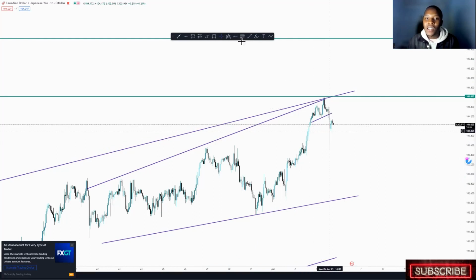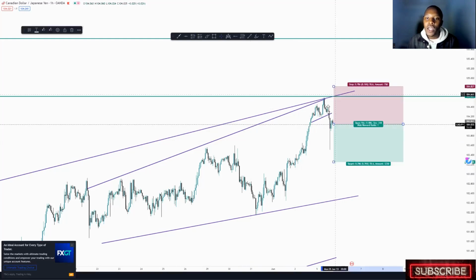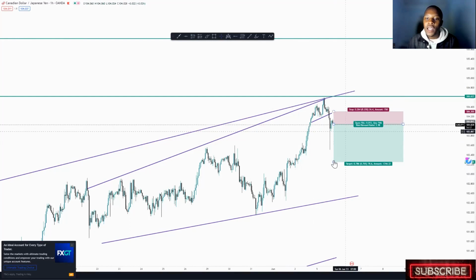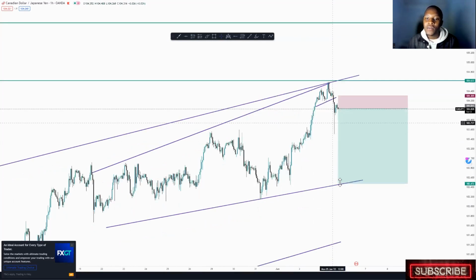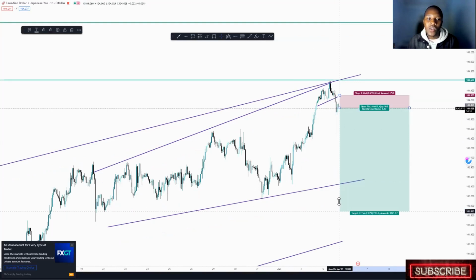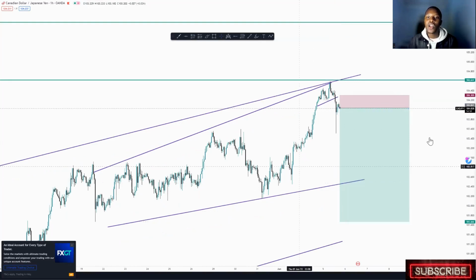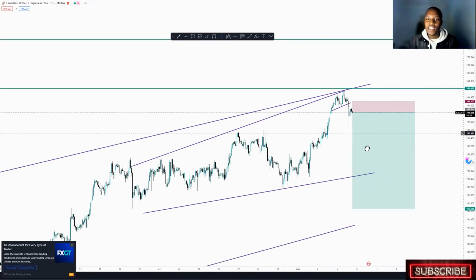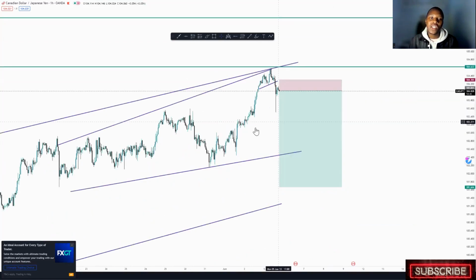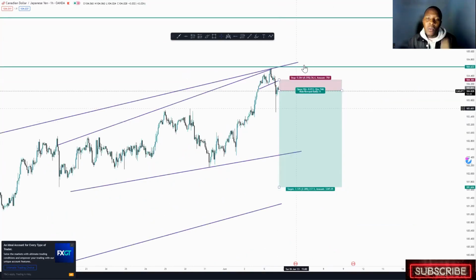So if this is some sort of a retest, then on NZD or on CAD JPY, this is what we will be looking at. If CAD JPY is to actually be a sell, this is what I think will most probably happen on CAD JPY, because as you can see, a correction move to the upside.